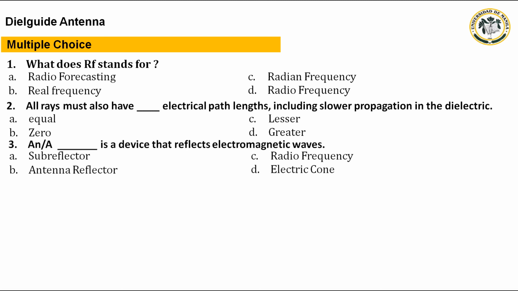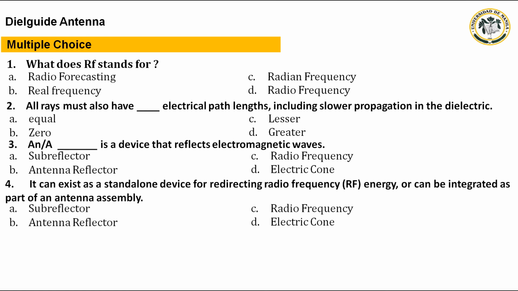Number 3. Blank is a device that reflects electromagnetic waves. A. Subreflector, B. Antenna reflector, C. Radio frequency, or D. Electric cone. Number 4. It can exist as a standalone device for redirecting radio frequency energy, or can be integrated as part of an antenna assembly.